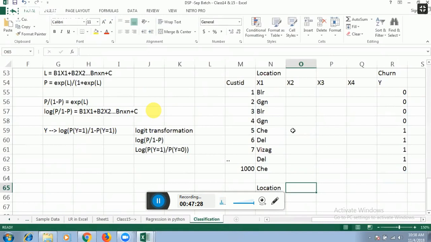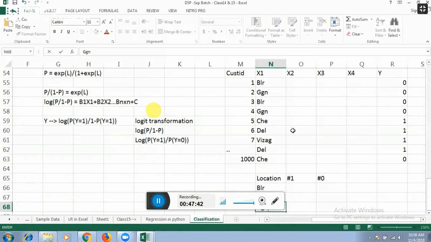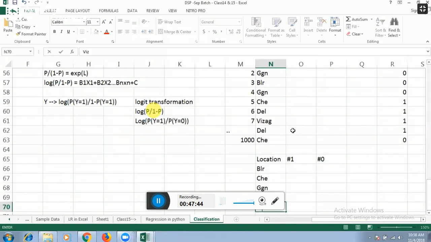So location and that's nothing but number of ones and number of zeros. Correct? So location is Bangalore, Chennai, Gurgaon, Delhi or Vizag. Suppose these are the different locations you have.